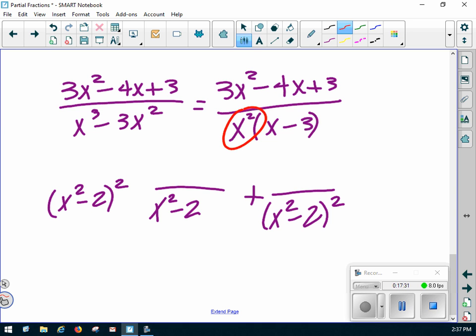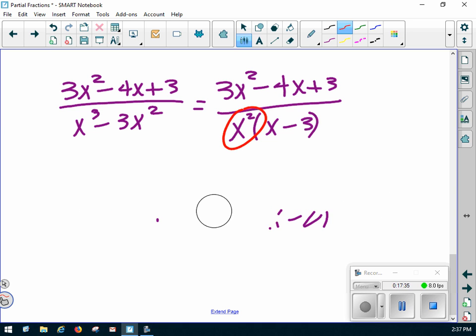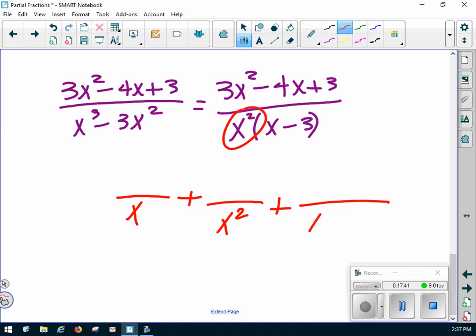But let's talk about what your numerator would be. So you'd have an x squared, and an x minus 3. What's your numerator going to be on this one? A constant. What's your numerator going to be on this one? A constant. Yeah, and I'll hold off on a minute, but it's a constant. Now, what's your numerator going to be on this one?